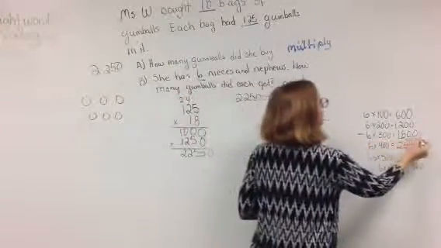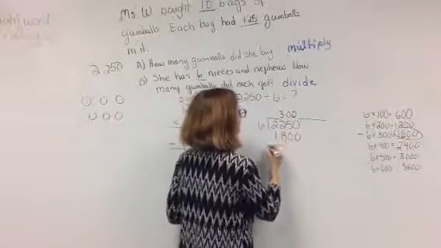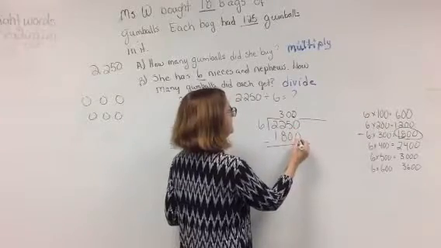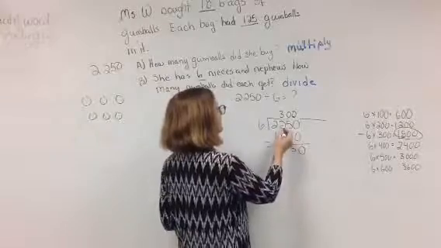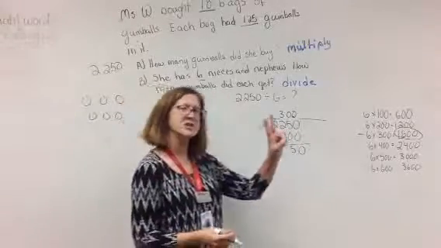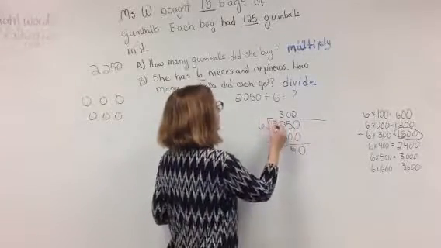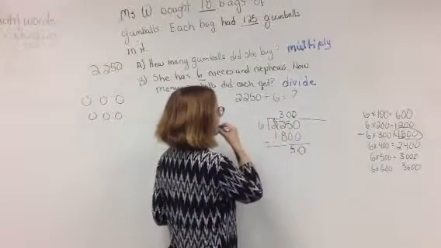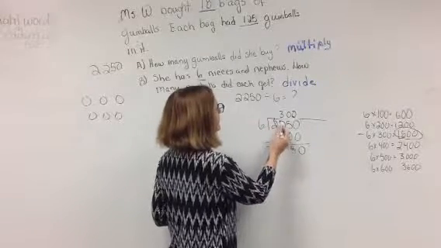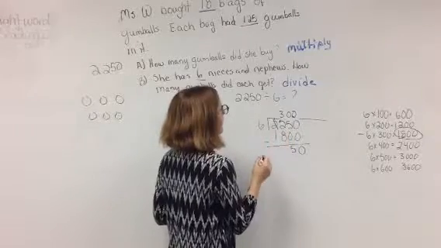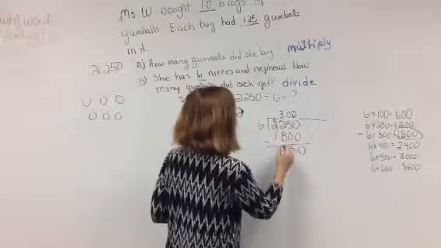So 1,800 is going to be subtracted from 2,250. 0 minus 0 is 0. 5 minus 0 is 5. Can I subtract 8 from 2? If I've got 2 of something, can I subtract 8? No. So I'm going to regroup. I'm going to make my 2 a 1, add that 10 over here, so it's 12. 12 minus 8 is 4.